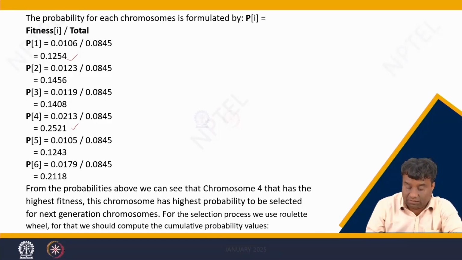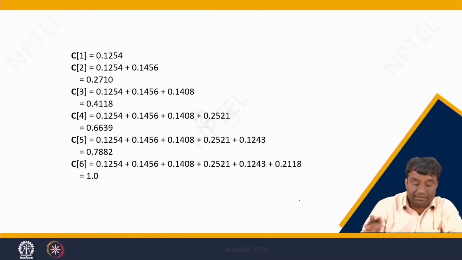For the selection process, we use the roulette wheel. We compute the cumulative probability values, which are for C1 0.1254, for C2 0.1254 plus the next one, for C3 the sum of all previous, C4 like that, and ultimately C6 is 1.0.